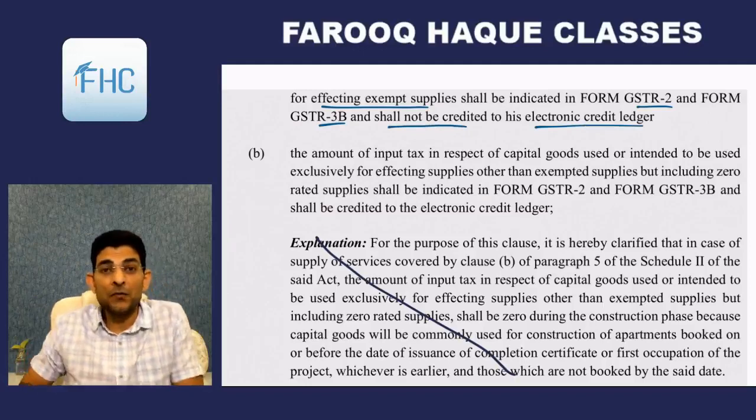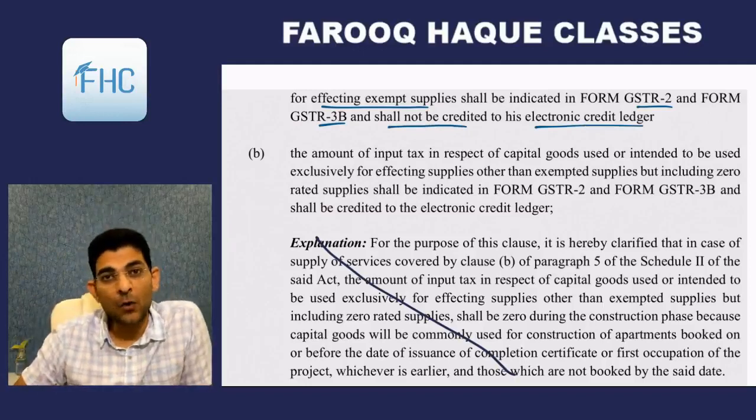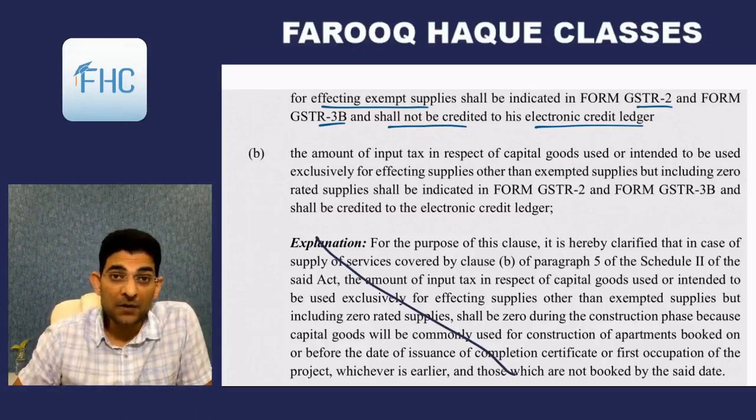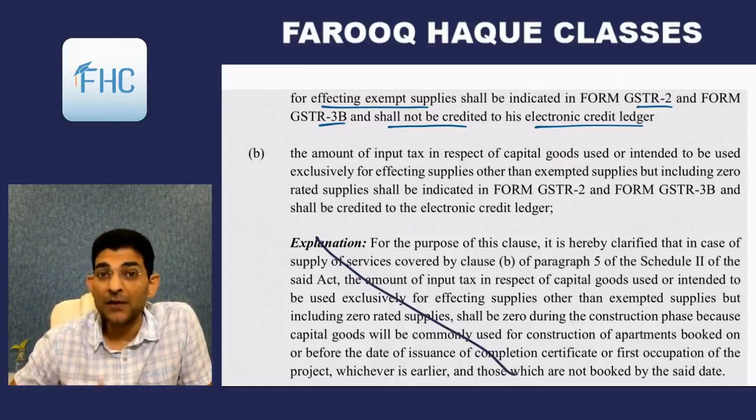Simple. So if I'm buying a machinery for household use, no credit. If I'm buying something for non-business use, no credit. If I'm buying something exclusively for affecting exempt supplies, no credit will be allowed at all. Simple.